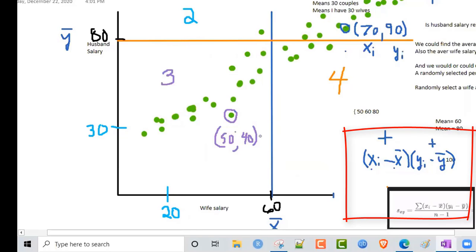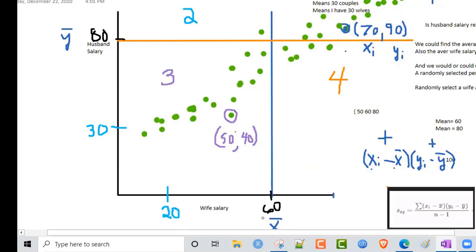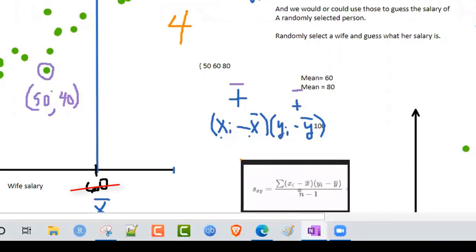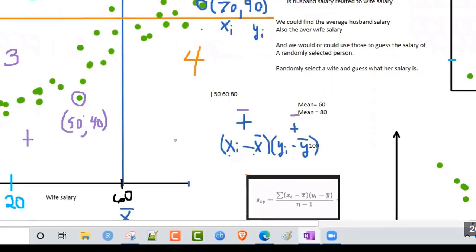If I do this calculation again for the purple dot, I take 50 minus 60, that's a negative. And I take 40 minus 80, that's also a negative. When I multiply those two together, I get a positive. So whenever I take a dot in here and add its contribution to this sum, I have a negative times a negative, and that's also going to give me a positive contribution to this sum.